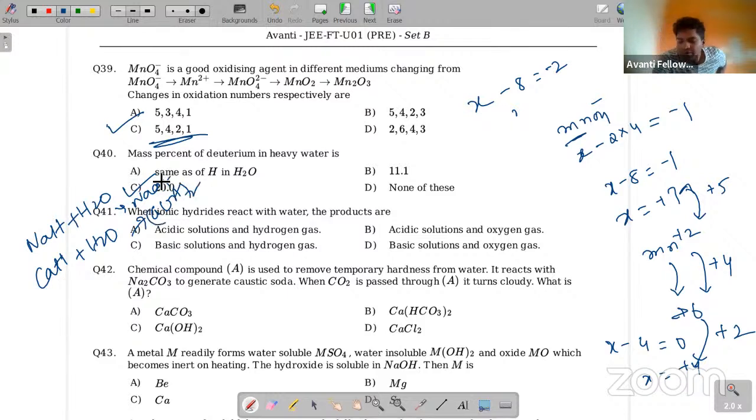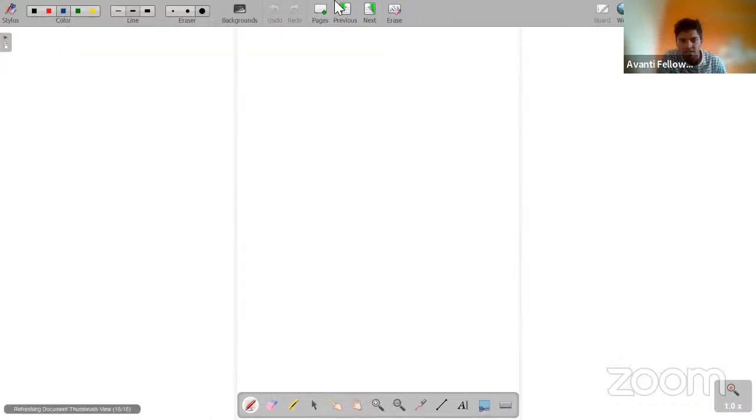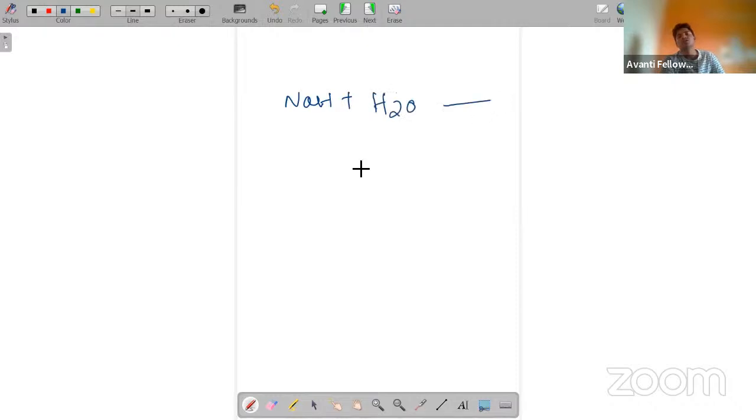So they are going to form a gas along with the basic solution. What type of gas? Here we are reacting with water, so H2 gas. Let me write the equation. NaH plus H2O gives NaOH plus H2.